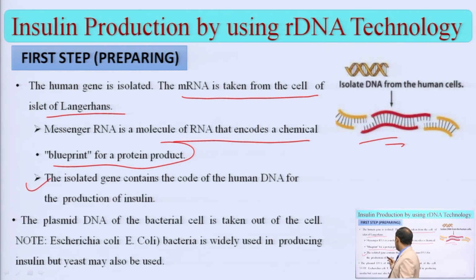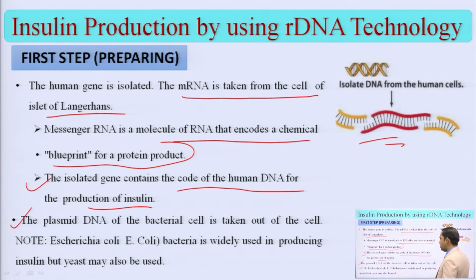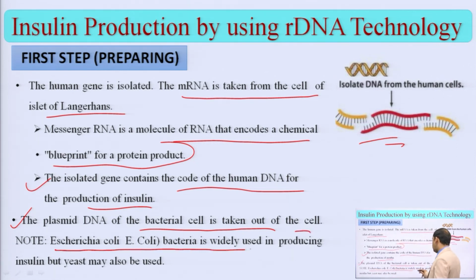This isolated gene contains the code of human DNA for the production of insulin, whatever I have told, and then the plasmid of the bacterial cell is taken out from the cell. And note that E. coli bacteria are widely used. E. coli is very easy, very good, not so harmful and very easy to use. That is why we are using E. coli.